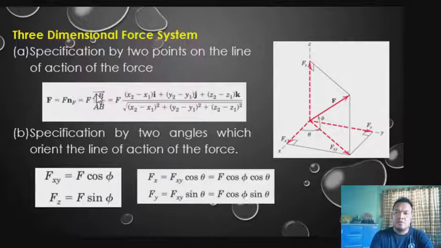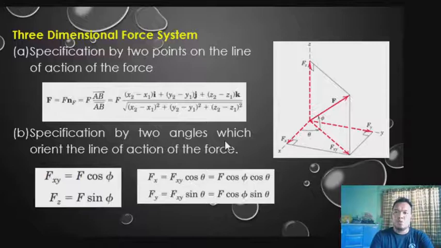Okay, to get the value of segment AB, so kumbaga component siya. So dito we have here x sub 2 minus x sub 1 i plus y sub 2 minus y sub 1 j plus z sub 2 minus z sub 1 k all over the square root of x sub 2 minus x sub 1 quantity squared plus y sub 2 minus y sub 1 quantity squared plus z sub 2 minus z sub 1 quantity squared.